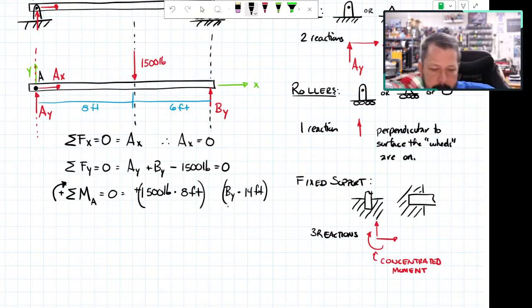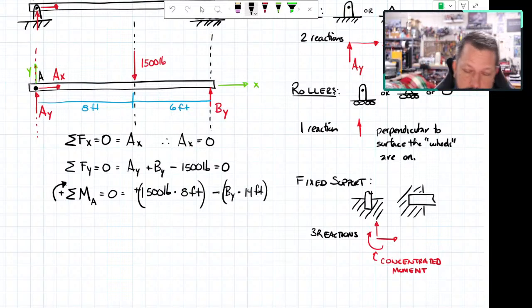I just picked a direction to draw BY, the positive Y direction. So based on what I chose, BY would make that little beam rotate counterclockwise, which in my equation is negative when it goes counterclockwise.